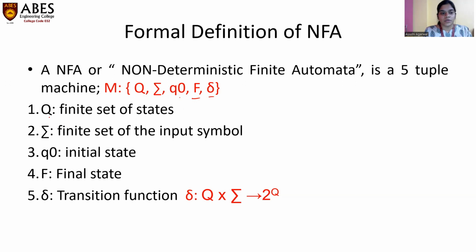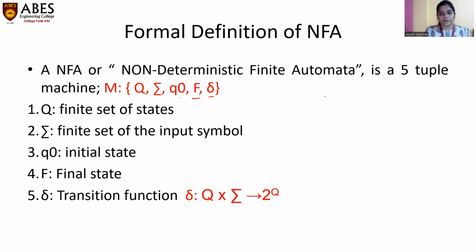Over here, Q is similar to DFA. Capital Q represents a finite set of states. Sigma represents a finite set of input symbols. Q naught states the initial state. F states the final state, and the transition function is delta.